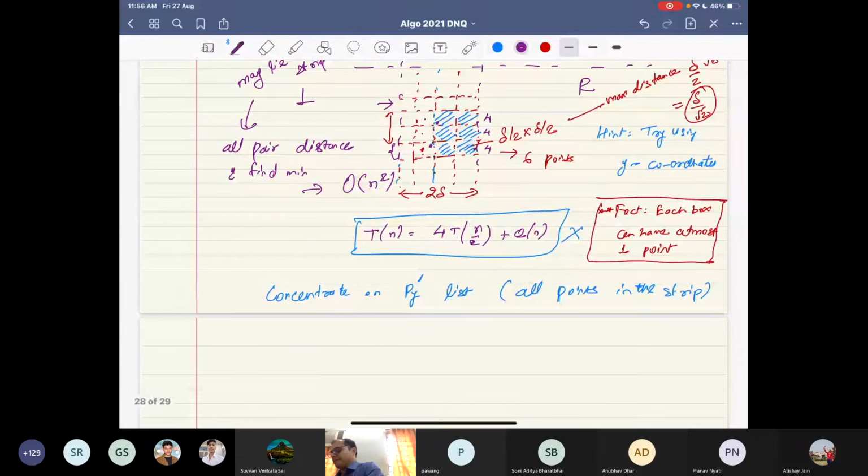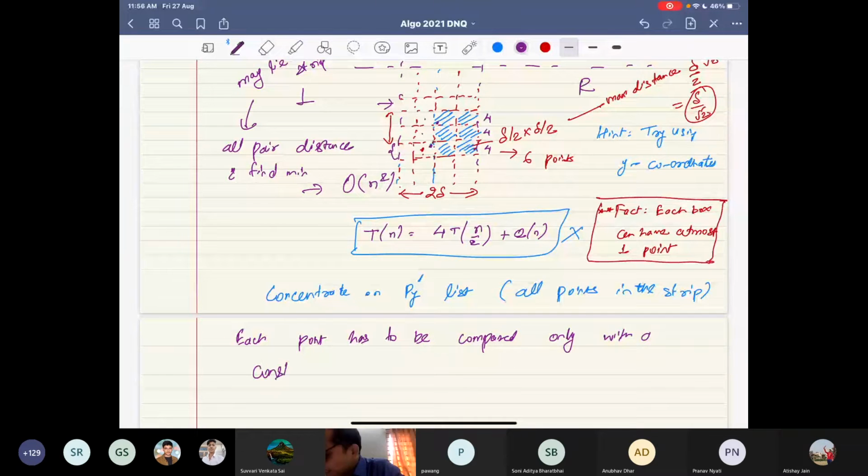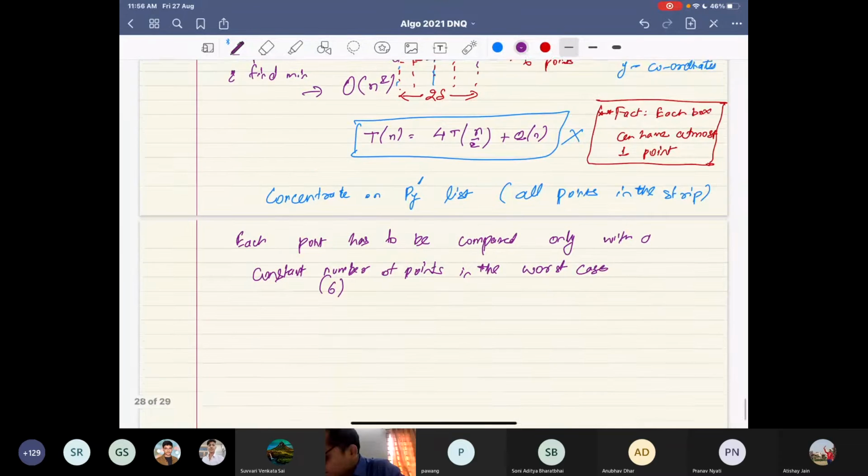Once we have this construction, that means each point has to be compared only with a constant number of points in the worst case. And here we have found 6. So at most 6, not more than that.